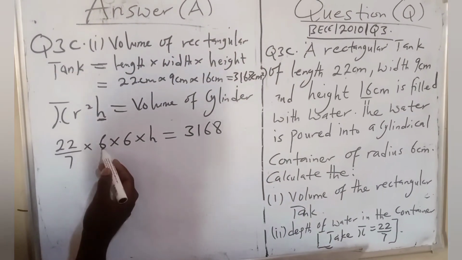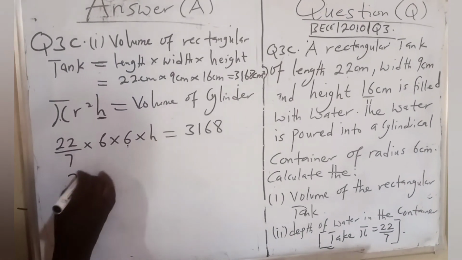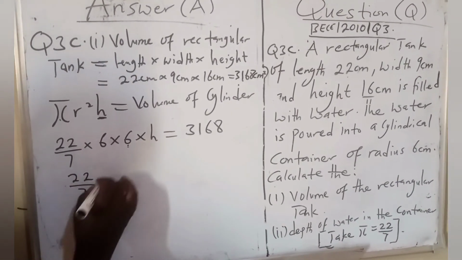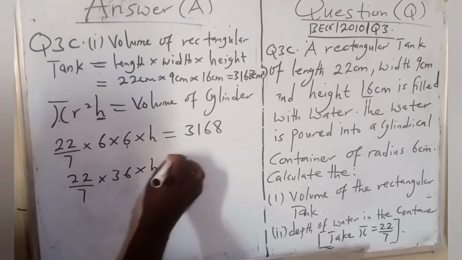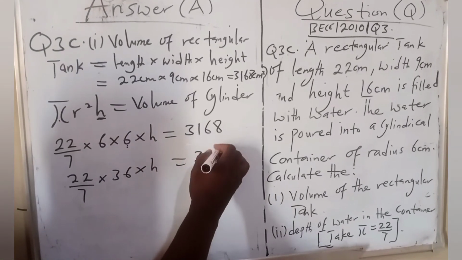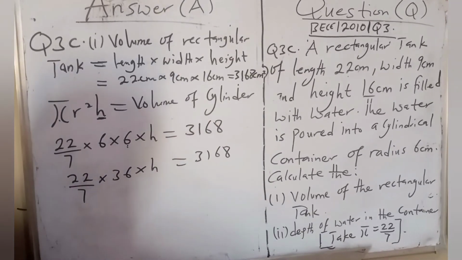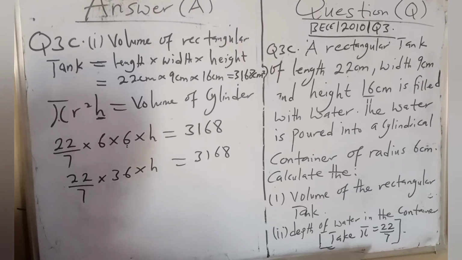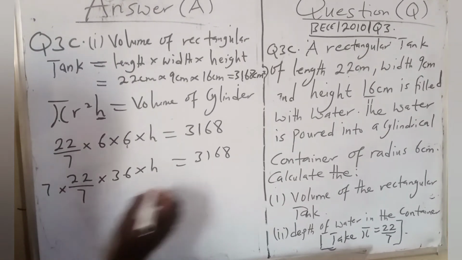So multiplying 6 by 6, we have 22/7 multiplied by 36, that's 6 times 6, multiplied by the height will be equal to 3,168. Over here, I want to clear the fractions. By clearing the fractions, I'll multiply both sides by 7.